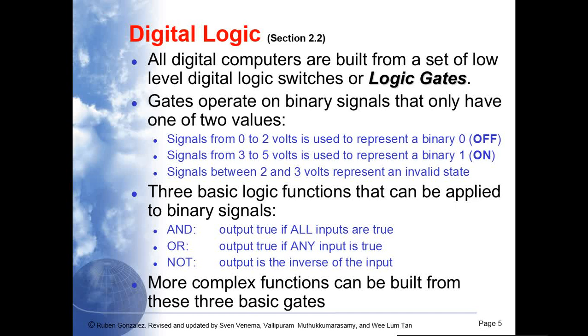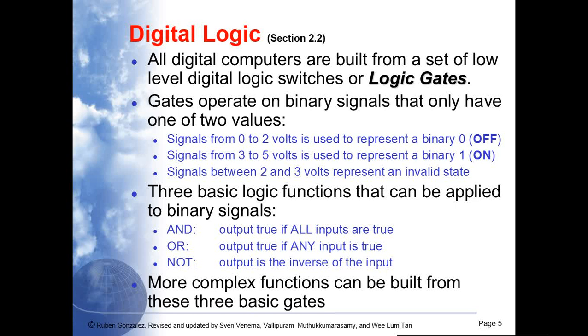Now, it's not quite that simple, like I mentioned. We have a value between 0 and 5 volts. So 0 to 2 volts is used to represent 0 or off. So there's a range there. It's not just 0, right? 3 to 5 volts is used to represent a 1 or on. That's another range. There's a gap in the middle, 2 to 3 volts, which is not a 0, nor is it a 1.